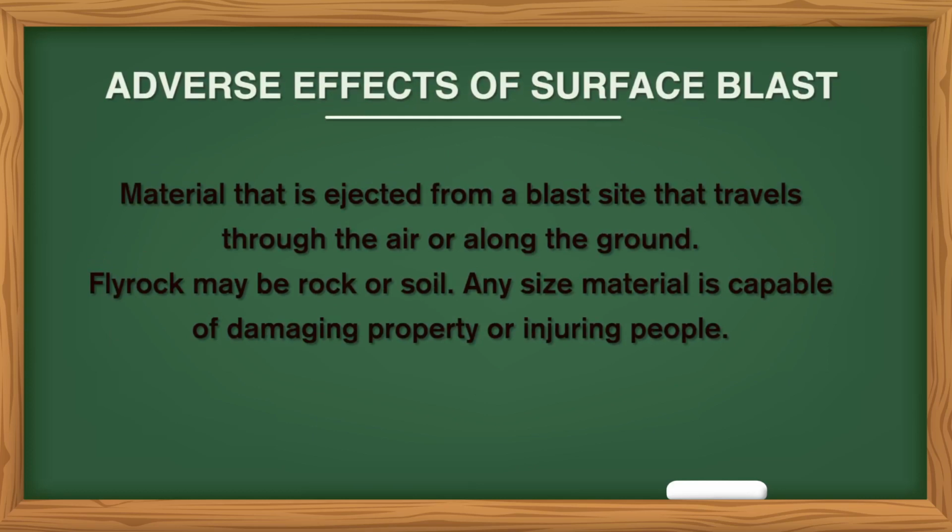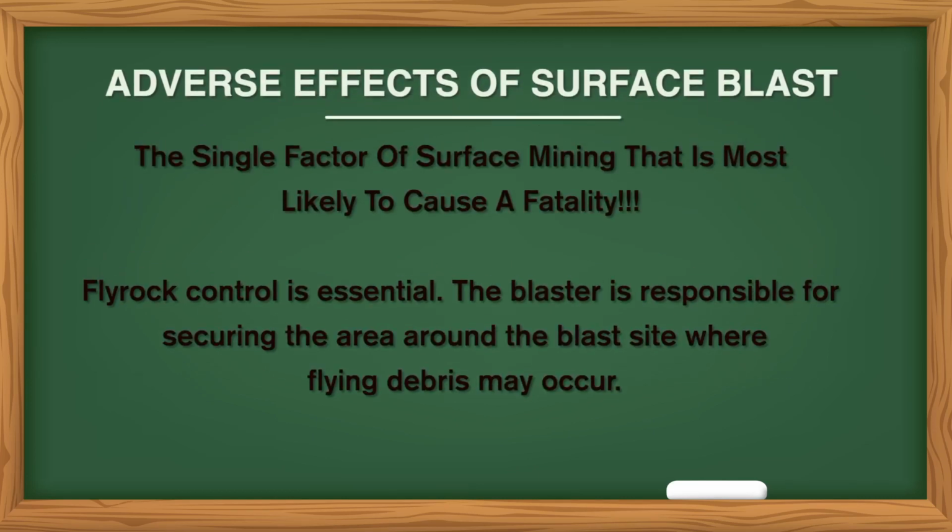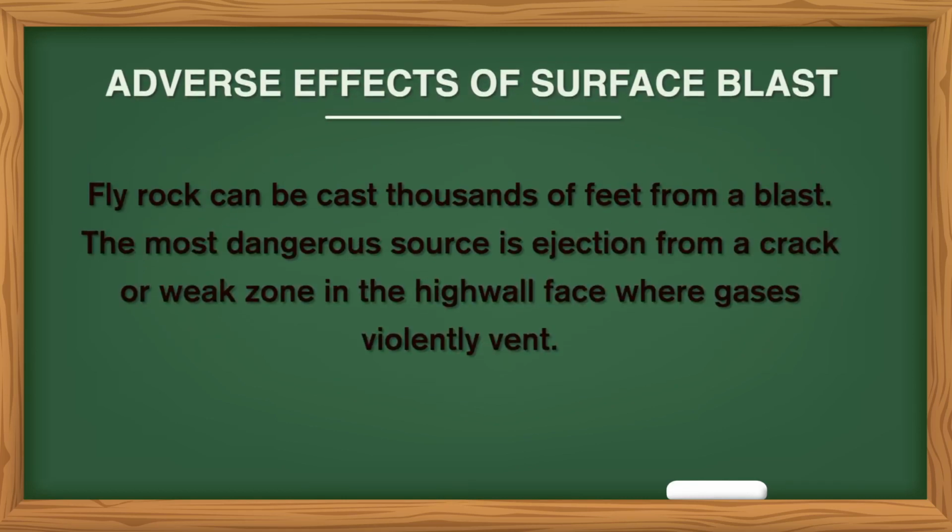Fly rock is material that is ejected from a blast site that travels through the air or along the ground. Fly rock may be rock or soil. Any size material is capable of damaging property or injuring people. It is the single factor of surface mining that is most likely to cause a fatality. Fly rock control is essential. The blaster is responsible for securing the area around the blast site where fly rock debris may occur. Fly rock can be cast thousands of feet from a blast.